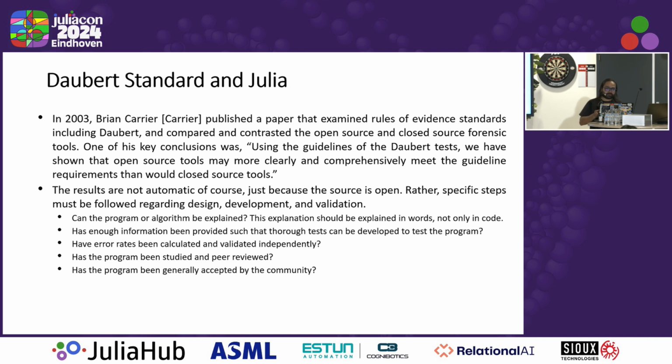If you consider open source software or open source languages, you will find the entire source code on a GitHub repository. Anybody can go to the GitHub repository, read the code, review the code, create issues, and contribute. Then, has the program been generally accepted by the community? Now take Julia or Python: they are already recognized in the scientific community, so they are considered scientific computing languages.